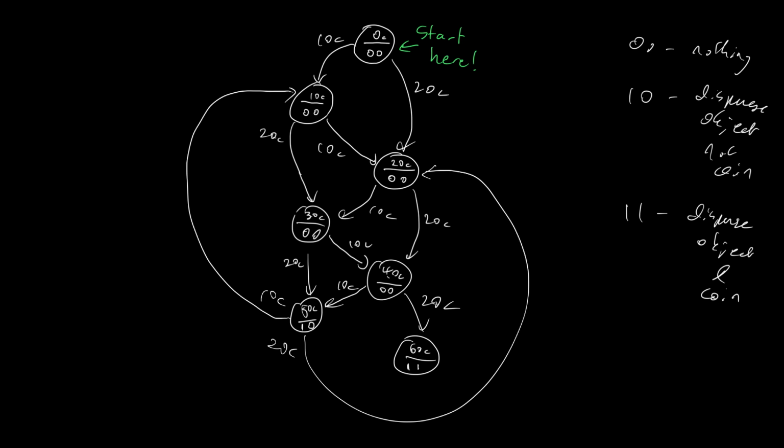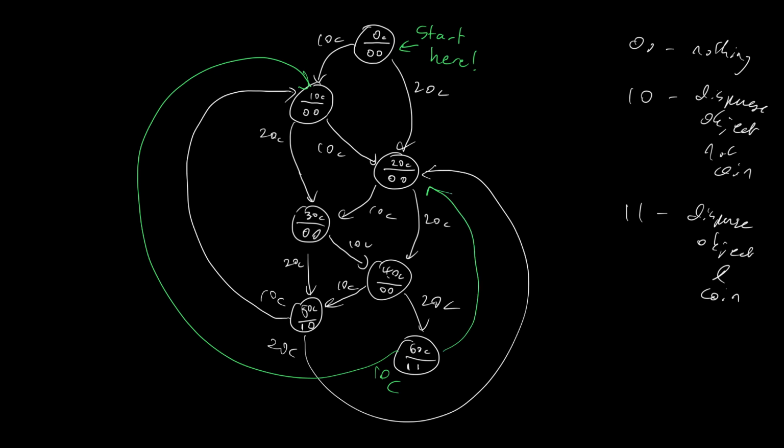So if someone gives me 10 cents, and I'll use a different color here because it's cutting across other things, I go to this state here. And if someone puts in 20 cents, then I move to this one up there. And that's it. We've developed a state diagram for a simple vending machine.